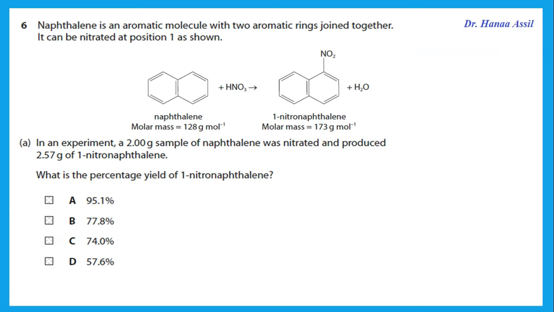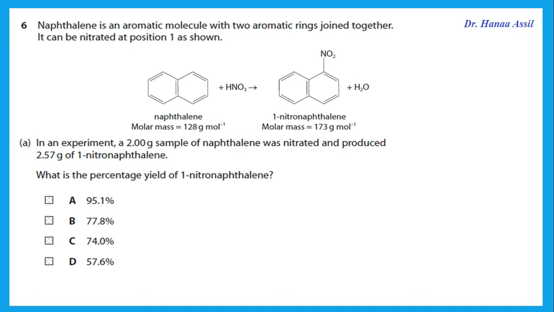In an experiment, a 2-gram sample of naphthalene was nitrated and produced 2.57 grams of the product. What is the percentage yield of this product?